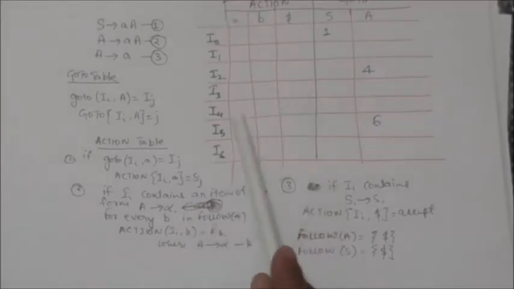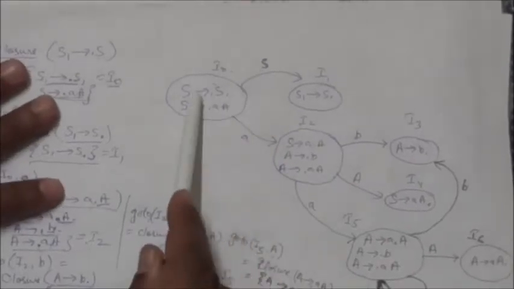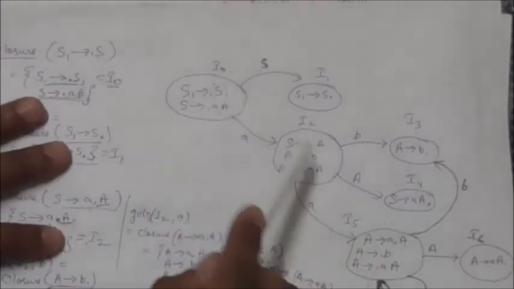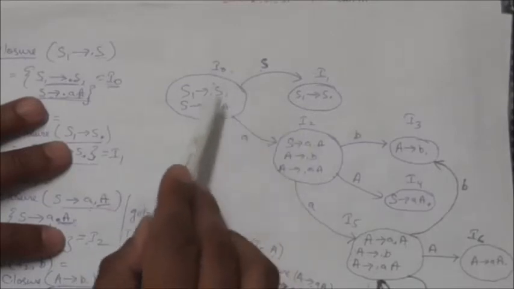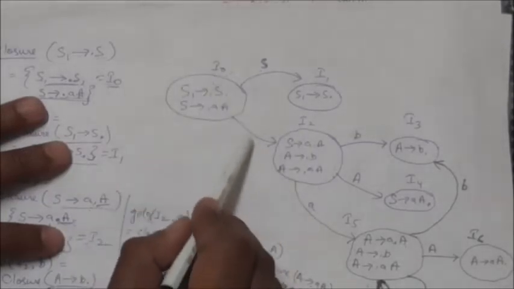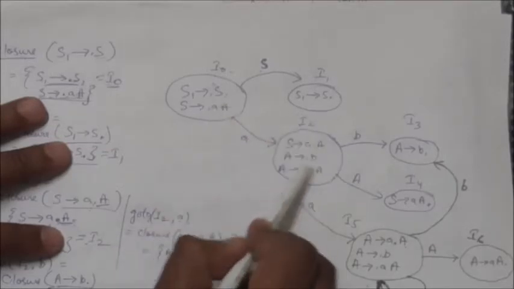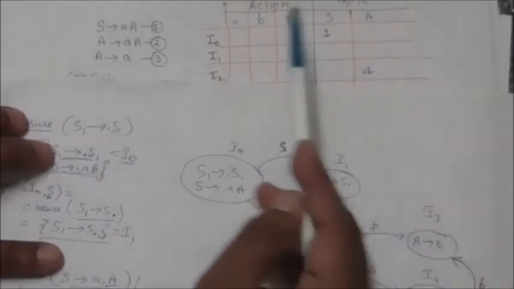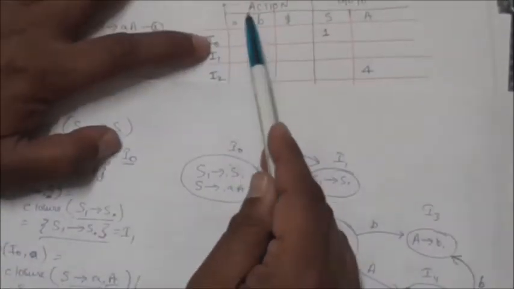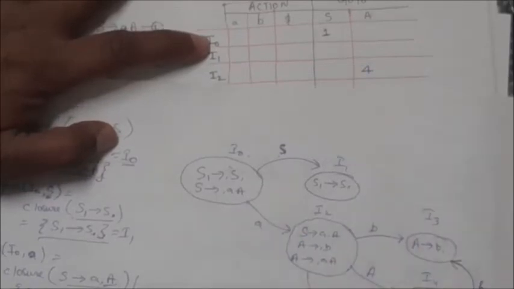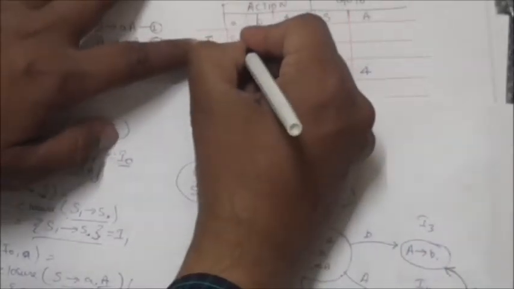So let us apply this rule first. Here you can see the transition from state I0 to state I2, right? When the DFA is in state I0 and it reads the terminal symbol A, then it jumps to state I2. So in action table, in the row labeled by I0 and column labeled by A, we will write S2.